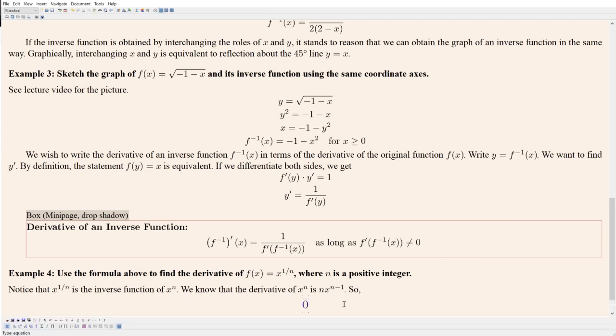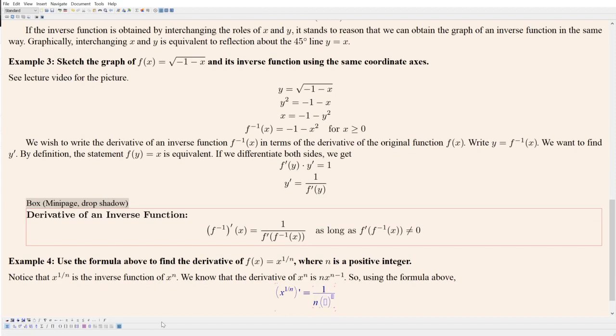So using the formula above, the derivative of the inverse is equal to 1 over f prime, so that is the derivative of the original function, so that's n x to the n minus 1, and f prime has to be evaluated at the inverse, right?